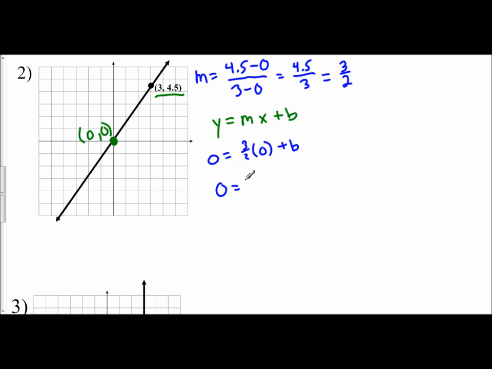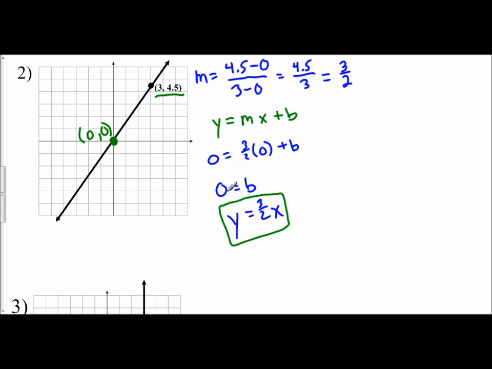So 0 equals b. So I automatically know my y-intercept is 0. So slope-intercept form, y equals 3/2 x plus b, plus 0, but we never write a plus 0 at the end. So my slope-intercept form is actually y equals 3/2 x.